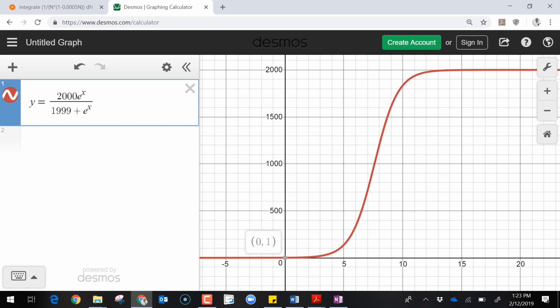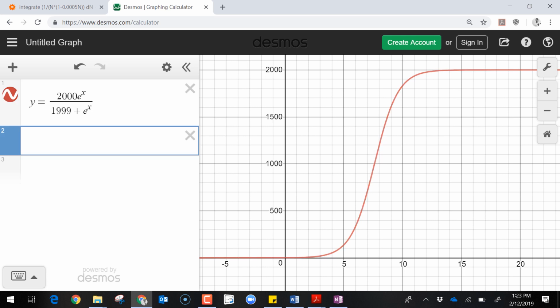We're tracing. At x equal to 0, at t equal to 0, my y value is at 1. And at 10, 1833.